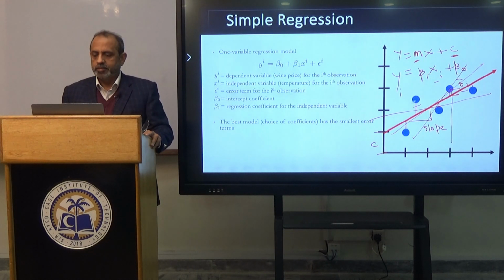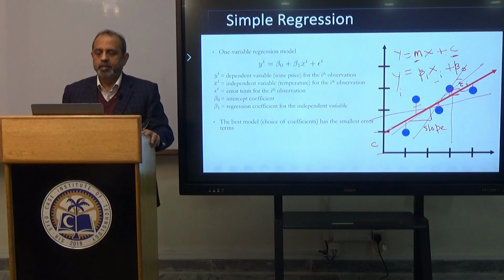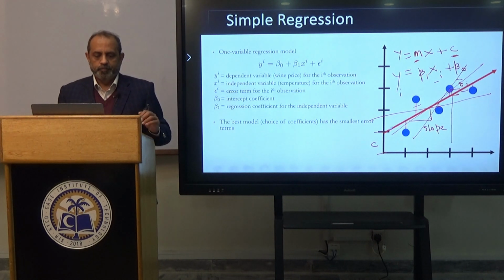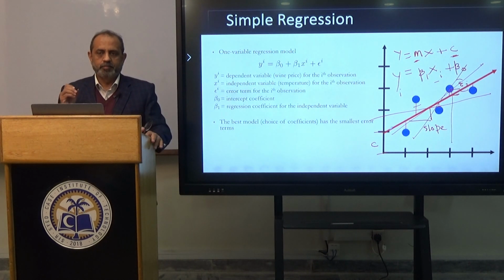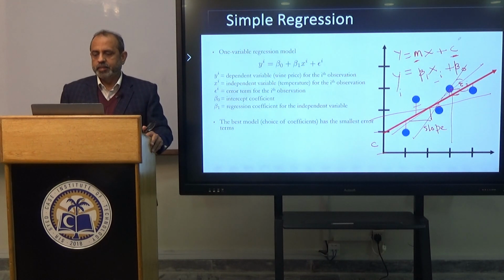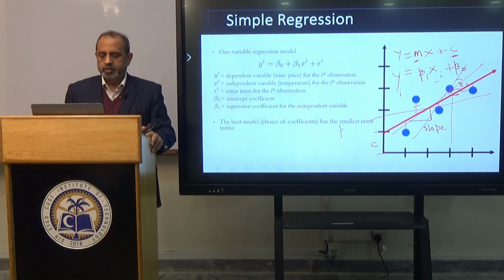You can do hit and trial, but interestingly, from linear algebra, we know that if we can find a closed form solution, that is the best. Like there is a formula, I put in the values, I get the unknowns. So whenever you can represent something mathematically, and can write all this, m and c, or in our case, b naught and b1, as a formula, then it is perfect.